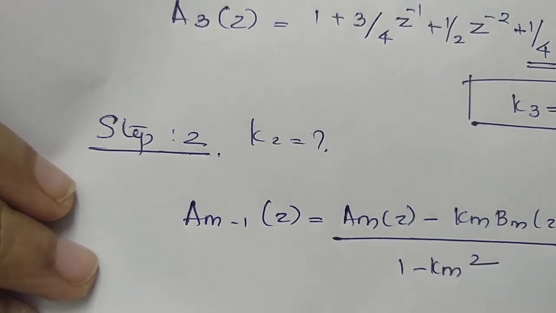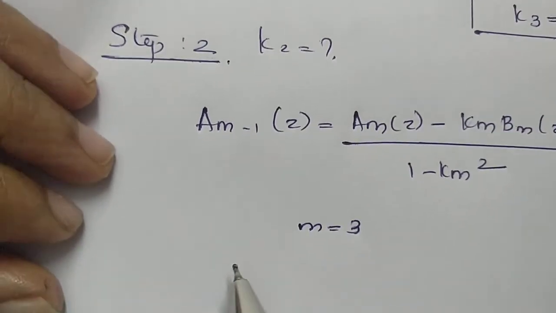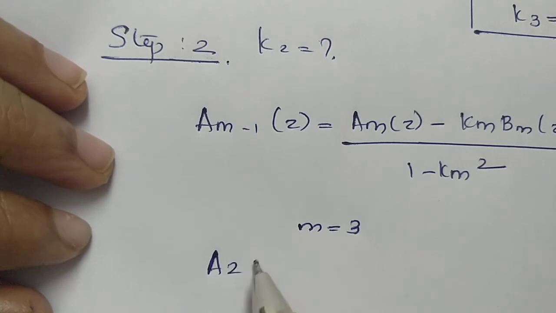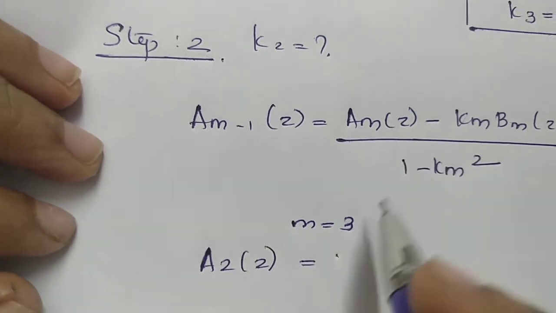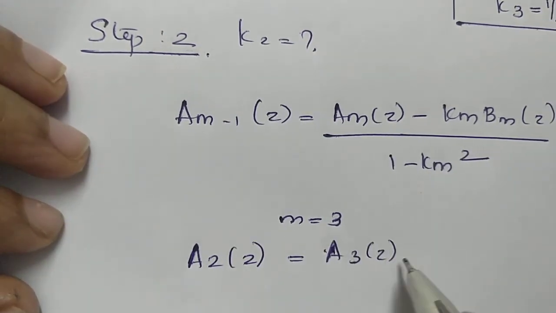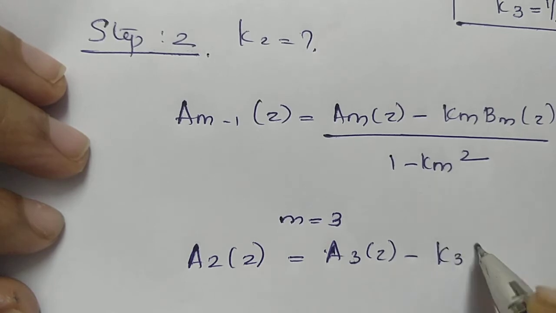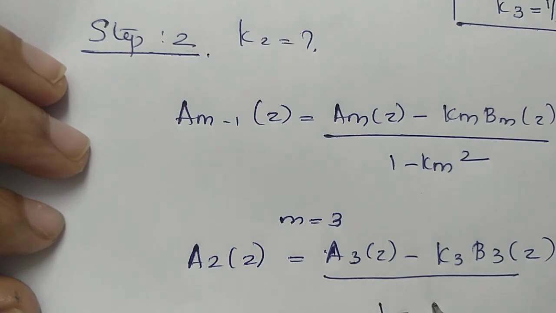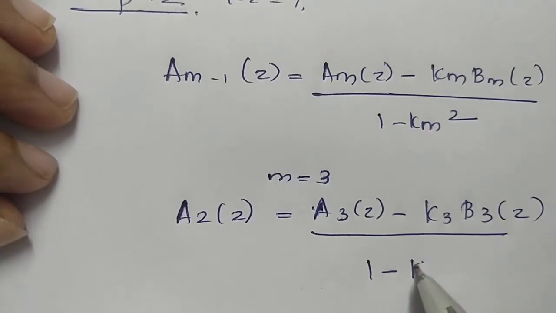Here m is equal to 3 since it is a third order system. So A2(z) = [A3(z) - k3 B3(z)] / (1 - k3^2).